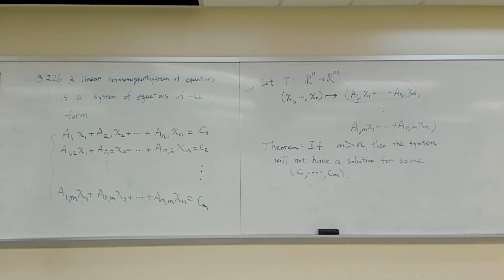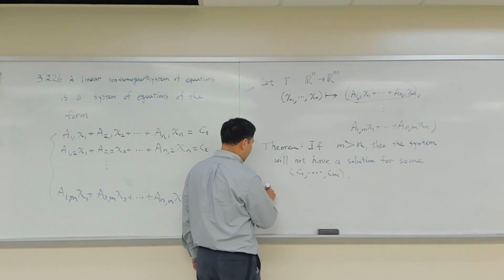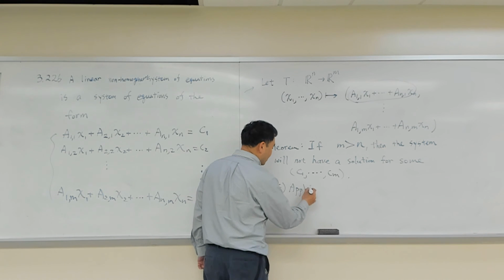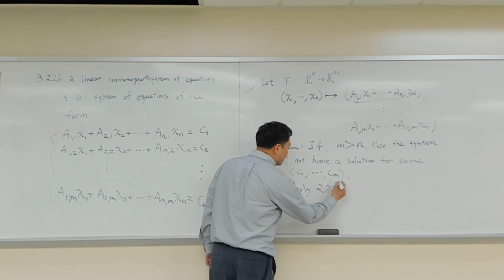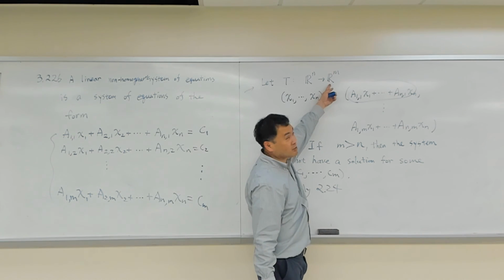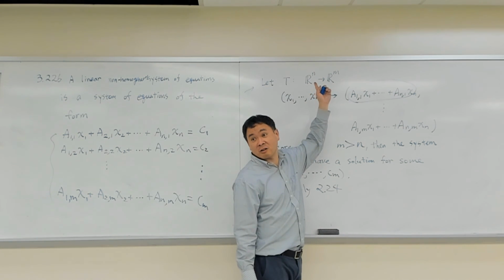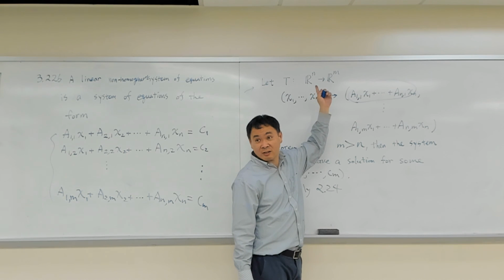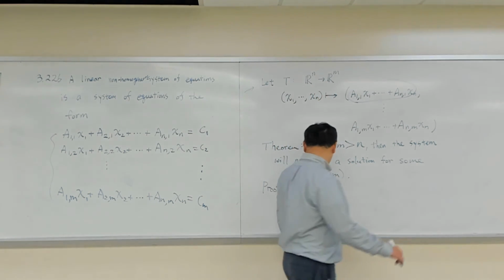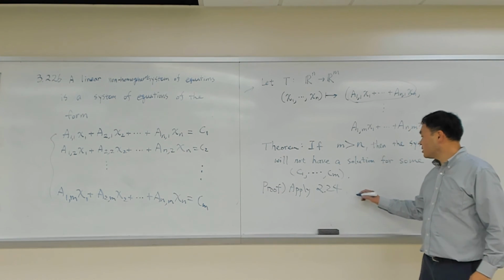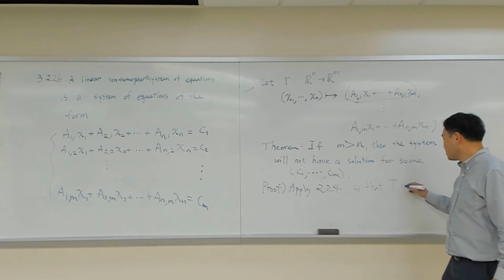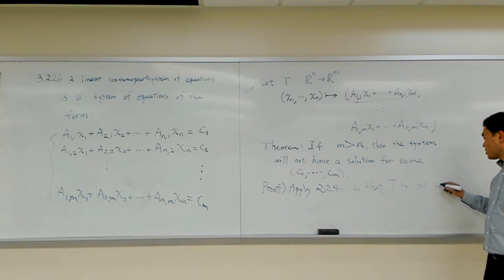Okay, and what's the proof? We just apply 2.24, which says that if the target space has bigger dimension than the domain space, then it cannot be surjective. So apply 2.24 so that T is not surjective.